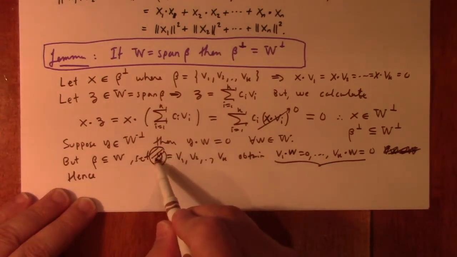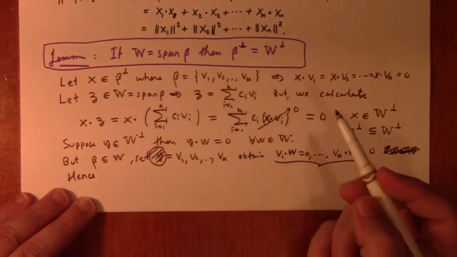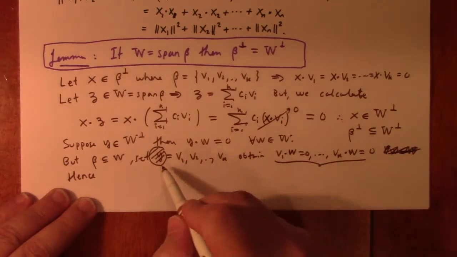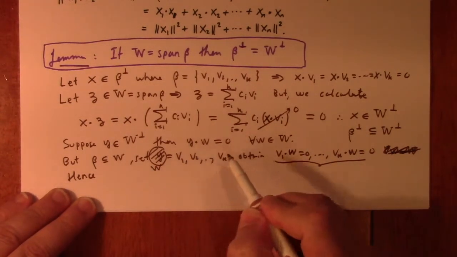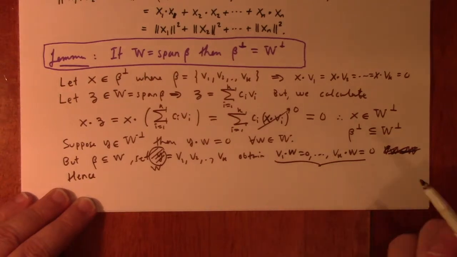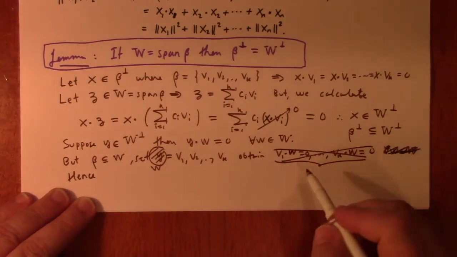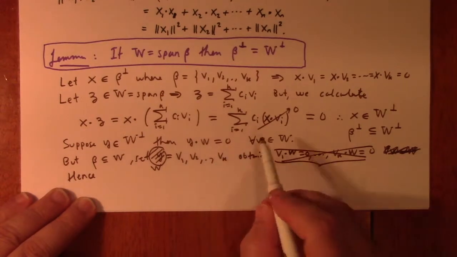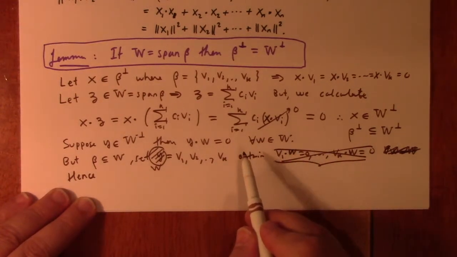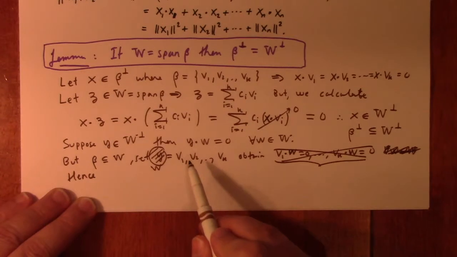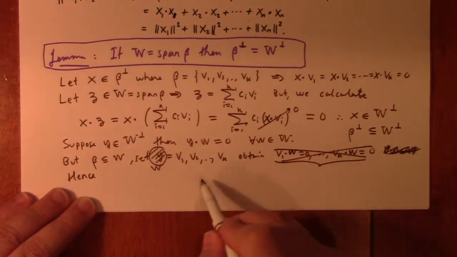No, we don't get to set anything, y is arbitrary. But I can set w equal to v1, v2, vk. I mean, what I should say is, okay, so this is true for all w, right? In particular, it's true for w equal to v1 through vk. So then I get what I want.